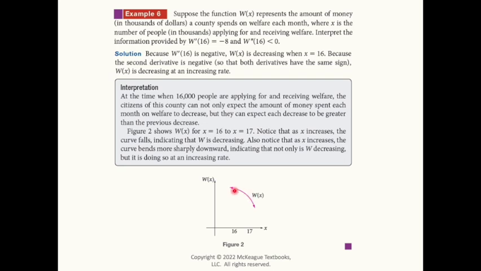So if you look at the graph, going from left to right, this is on an interval that's concave down. So the second derivative should be negative. And then also when we go left to right, it starts off slower and the decrease is getting more and more steep. So the amount of decrease is increasing.